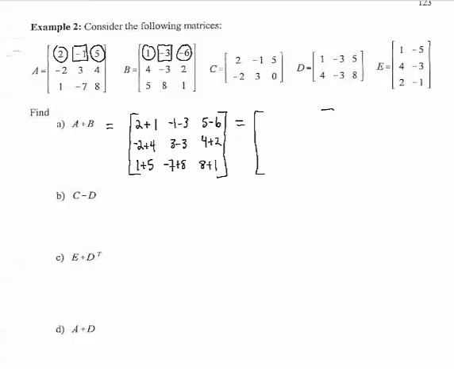And so the matrix A plus B would end up being 3, a negative 4, a negative 1, 2, 0, 6, and 6, 1, 9.